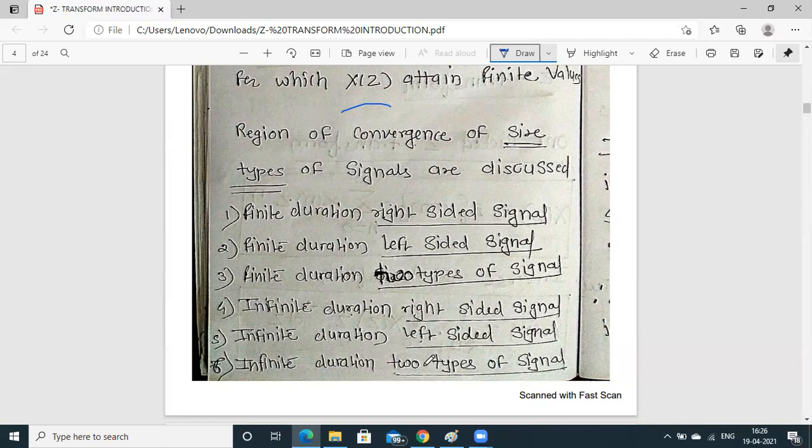So in finite duration two-sided signals, both causal and anti-causal will come. Here in infinite duration, causal and anti-causal will come. A left-sided signal is the anti-causal signal, and a right-sided signal is the causal signal.